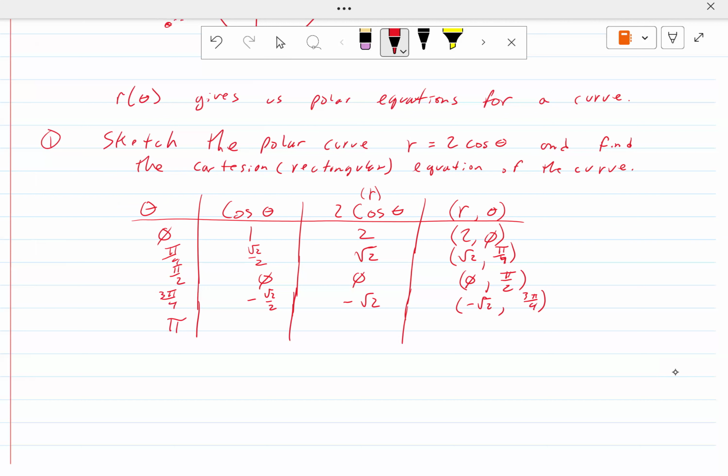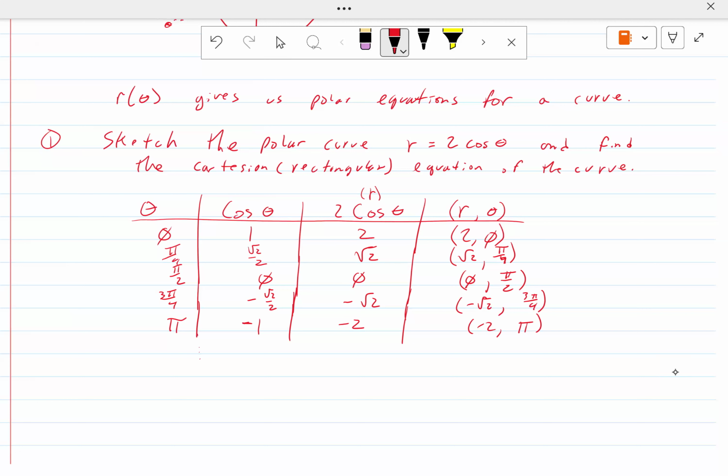Okay, so pi, cosine of theta is 1. Or sorry, cosine of theta at pi is, no, that's negative 1. All right, that's negative 1. And the 2, that's negative 2. Okay, and so I get negative 2, pi. Okay, interesting.